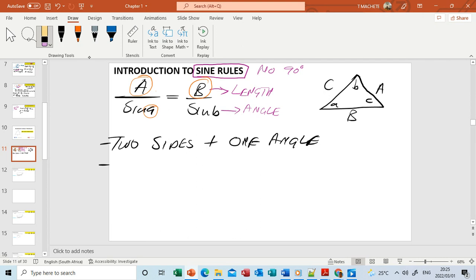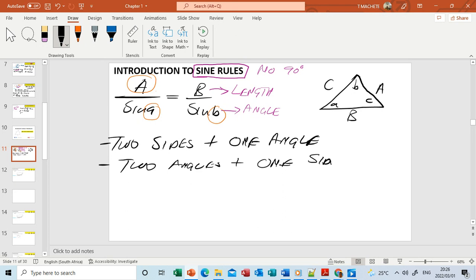Or, when you've got two angles and one side, you must have this angle and also one side. It can be side A or side B. So two angles plus one side. Those are the only two cases you use for the sine rule.